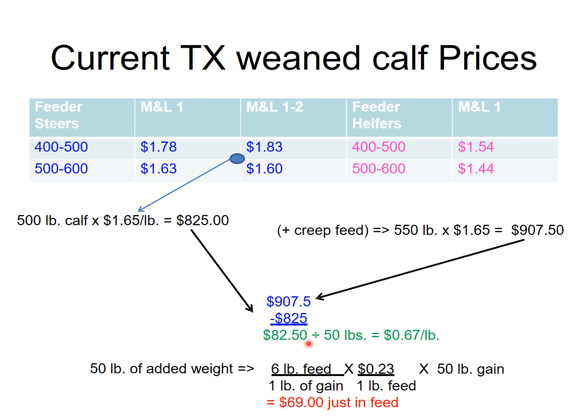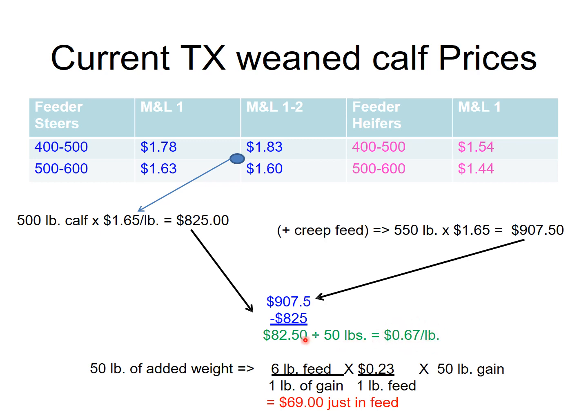We divide that by the 50 pounds that we put on extra. I want you to see, class, that each one of those 50 pounds we put on with creep feed is not worth $1.65. That extra 50 pounds is only worth about 67 cents a pound. Okay?